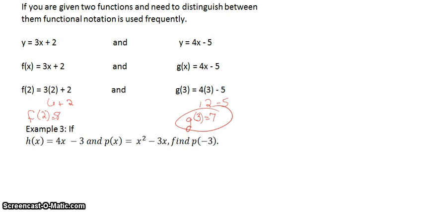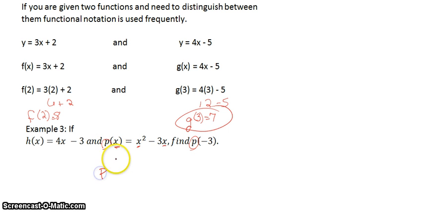Okay, then we have an example here. It says if h of x equals 4x minus 3 and p of x equals x squared minus 3x, find p of negative 3. So really, we didn't even need this other function. We're going to put the negative 3 in for this x here, and here, because it's p.